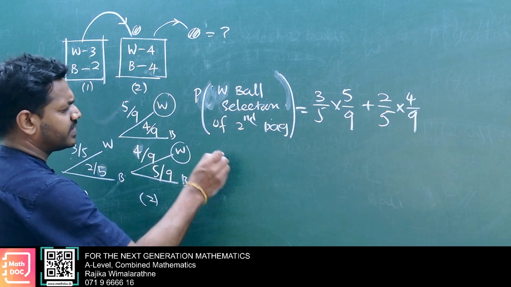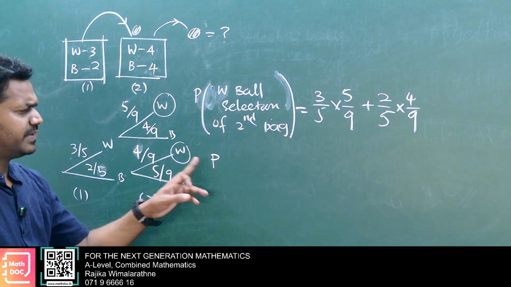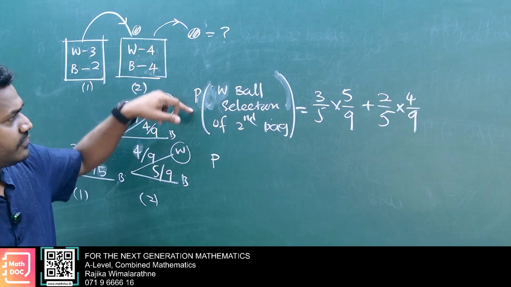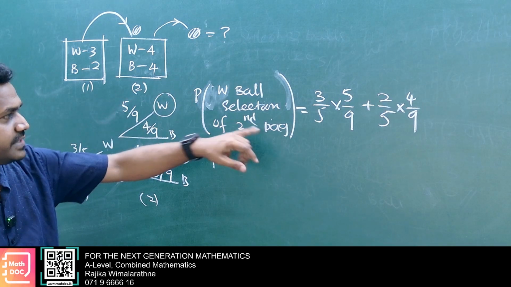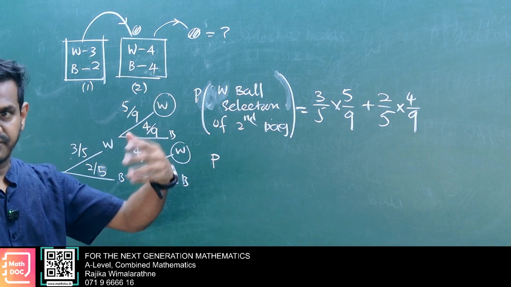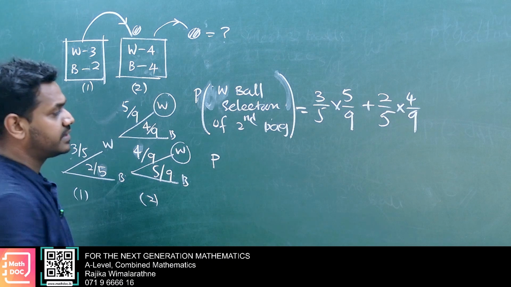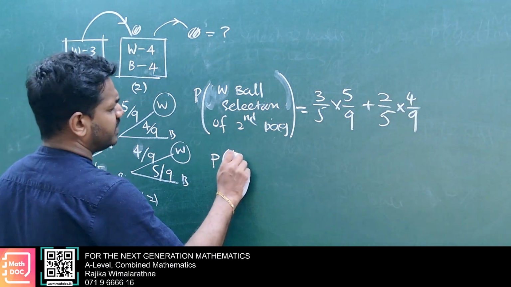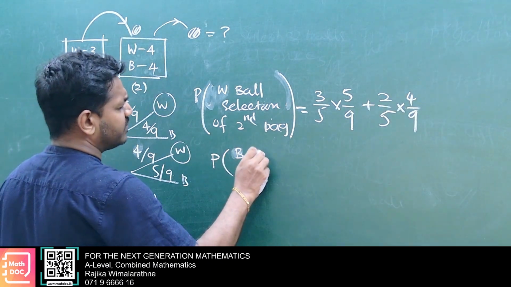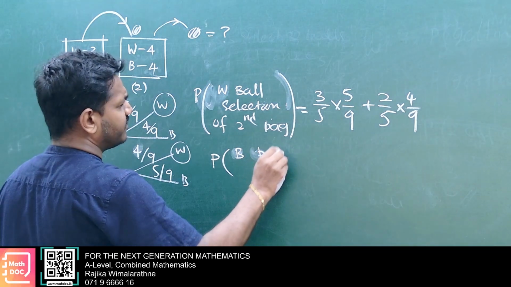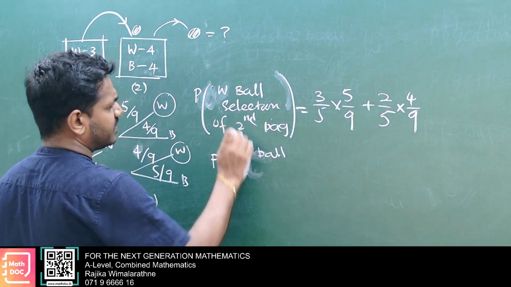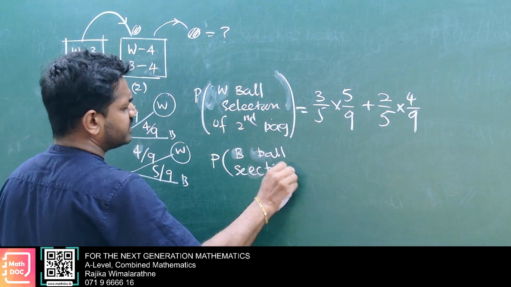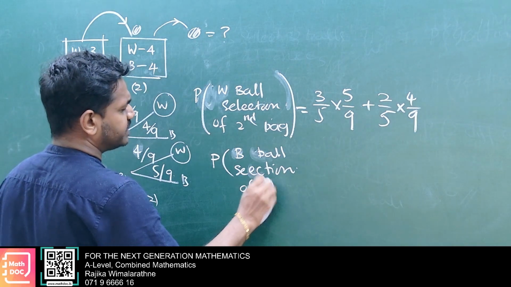Here P represents probability of one white ball selection of second bag. Then probability P, black ball selection of second bag.